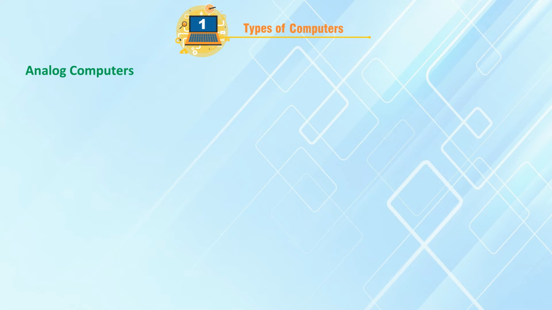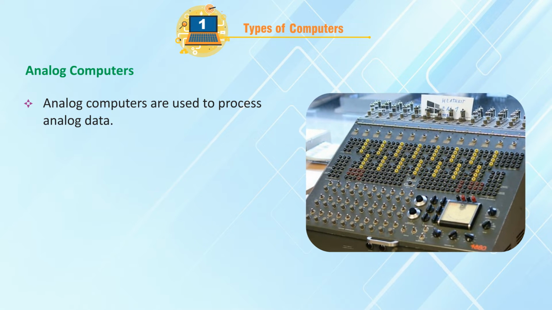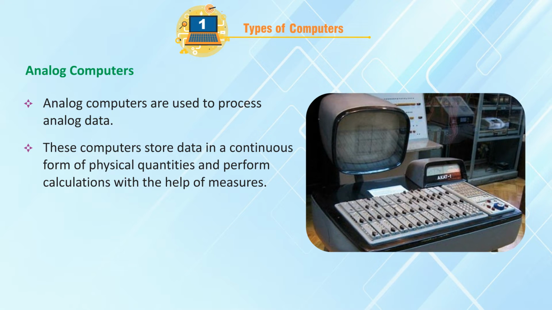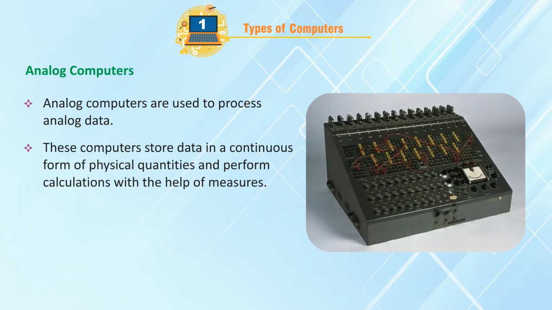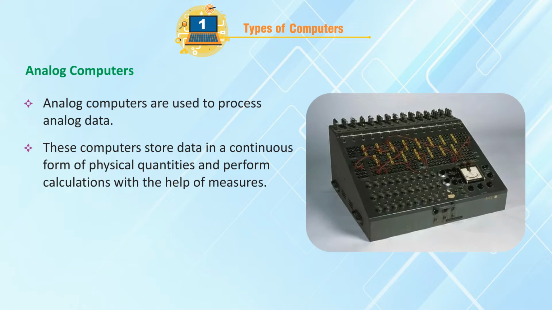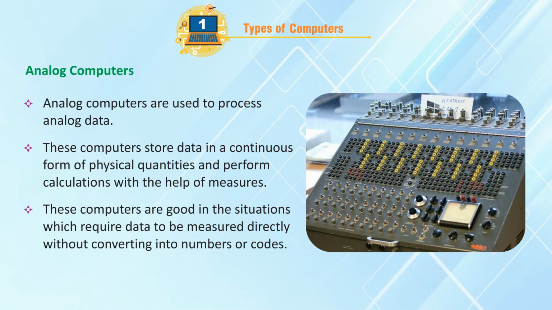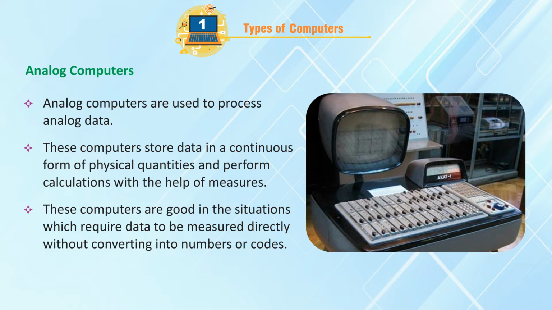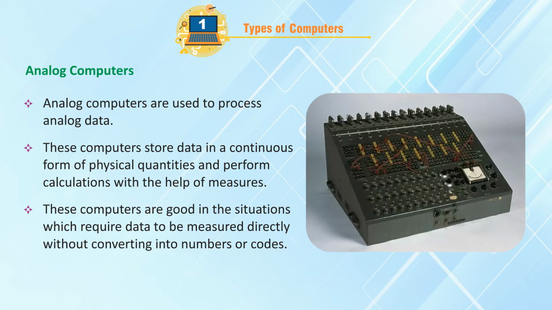Analog computers. Analog computers are used to process analog data. These computers store data in a continuous form of physical quantities and perform calculations with the help of measures. These computers are good in the situations which require data to be measured directly without converting into numbers or codes.